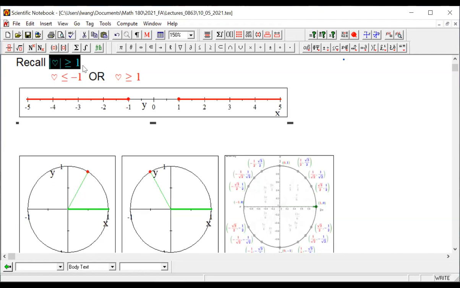So this inequality refers to the picture, this is where the heart is. The heart is either less than or equal to -1 or greater than or equal to +1. That's what it means. You got it, Jacob?